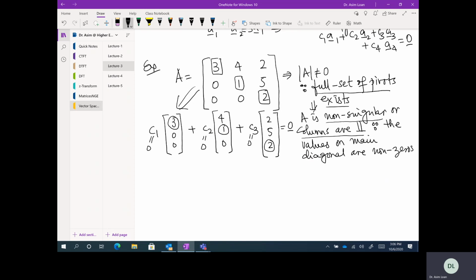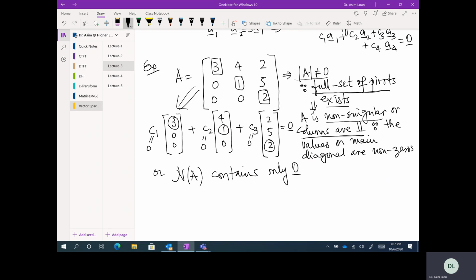These are all the same statements. They tell the same story. If somebody asks you, what is the definition of a non-singular matrix, you should say a non-singular matrix means that the determinant is non-zero if it's a square matrix, a full set of pivots exists, the columns are independent, and the null space of A contains only the 0 vector.